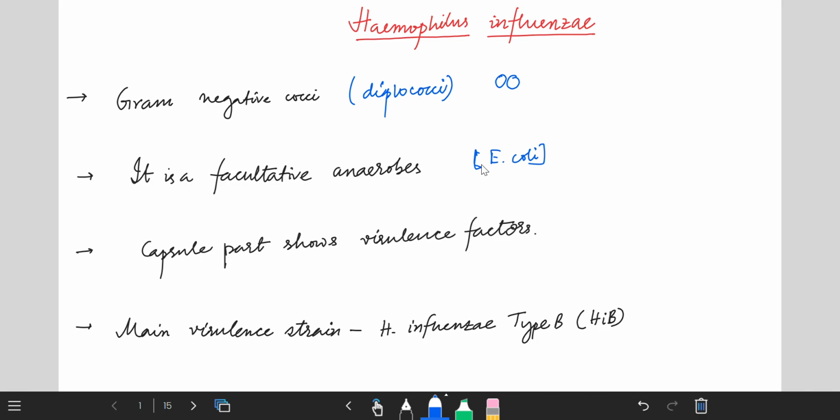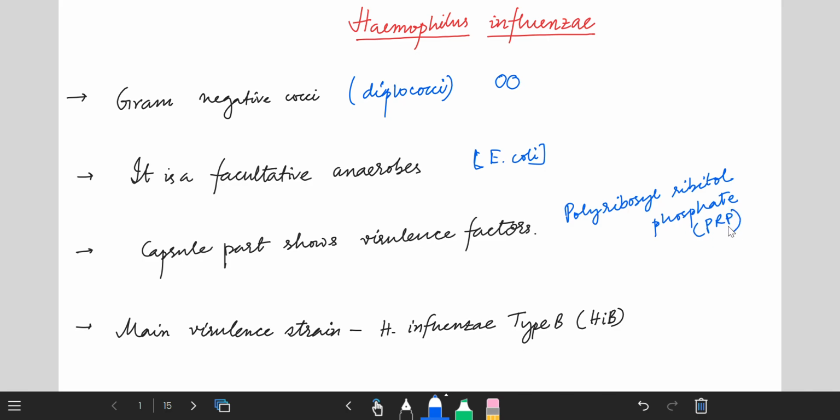Okay, now the next point is that the capsule part shows the virulence factor. Obviously, the capsule part of any kind of microorganism or bacteria shows virulence. And in this case, a particular component present in the capsule is Polyribosyl Ribitol Phosphate, or PRP.